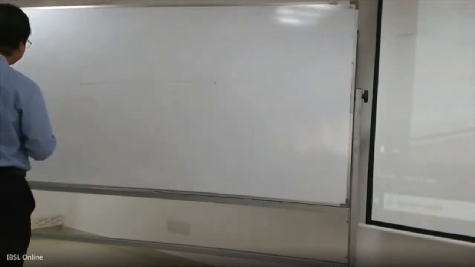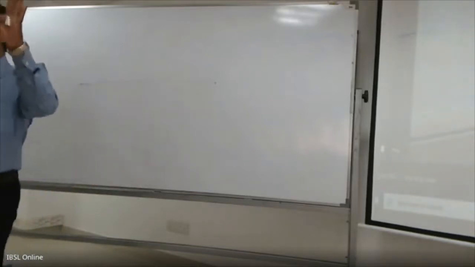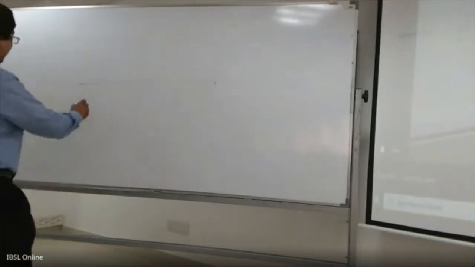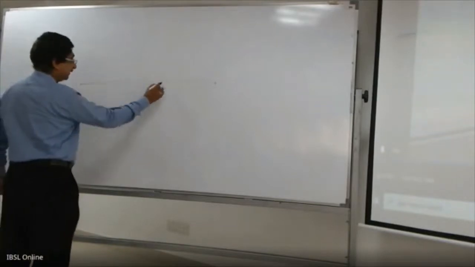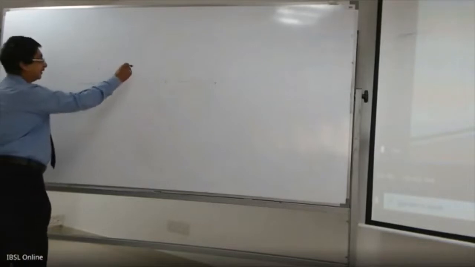So you can draw a line which represents 3 years. Then you can say this is the first year, second, third.